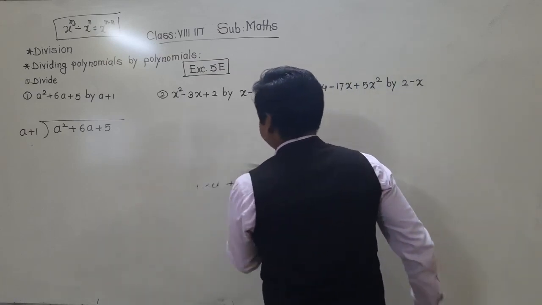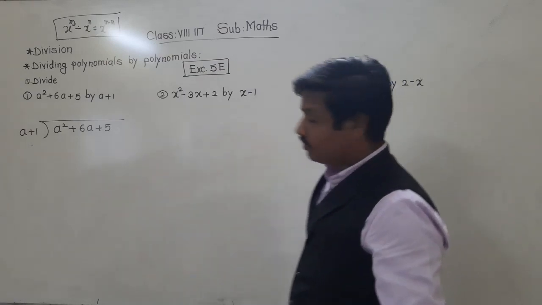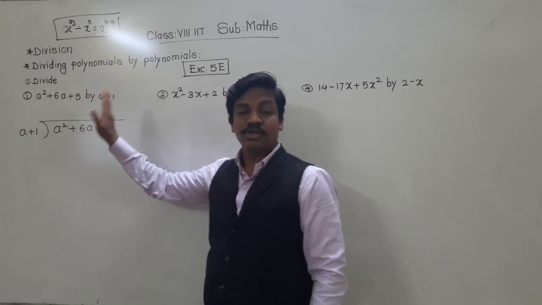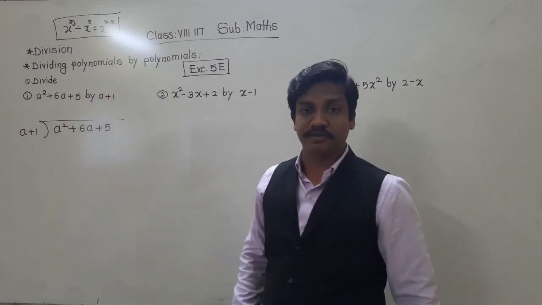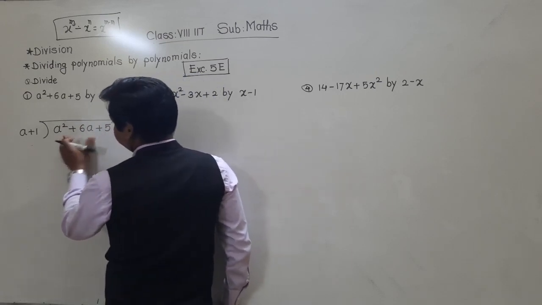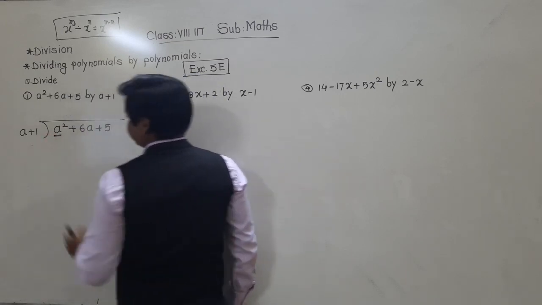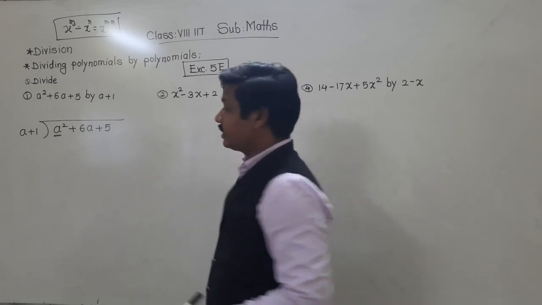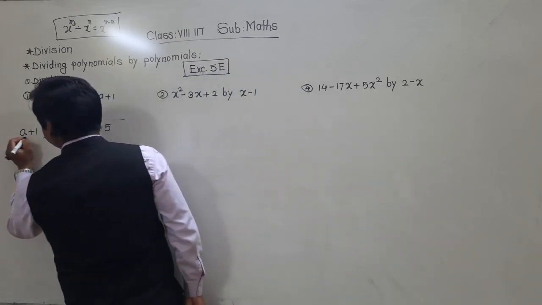So take care here. Now after arranging, what are the steps? Pay attention very carefully. See here, in this dividend the first term is a square, and in this divisor the first term is a.